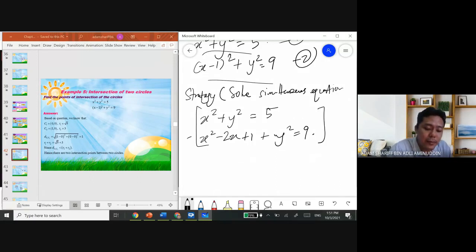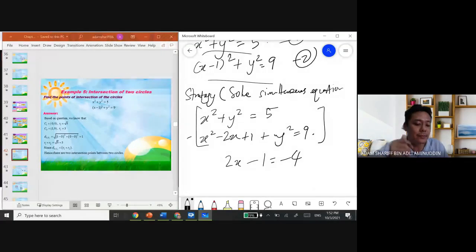If you do the elimination procedure, you can get 2x, 0 tolak 1, 0 tolak 2x, 0 tolak 1 equals to 5 minus 9, negative 4. And x will be negative 4 plus 1.